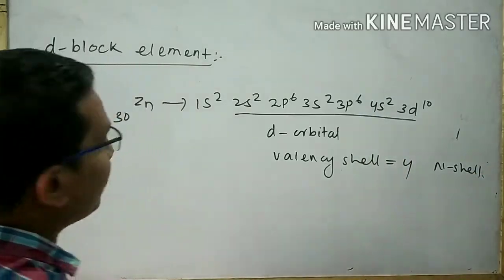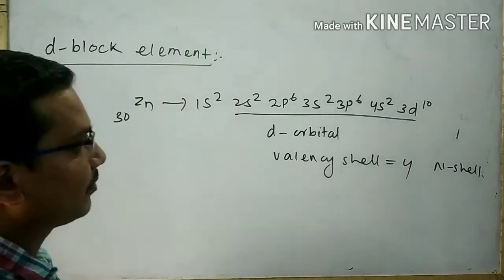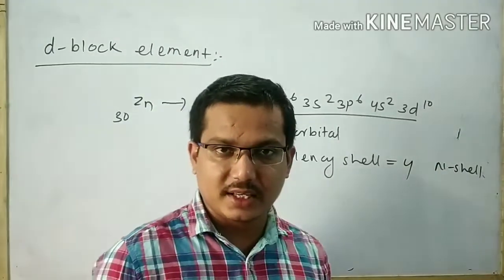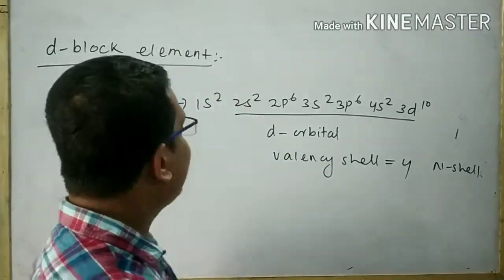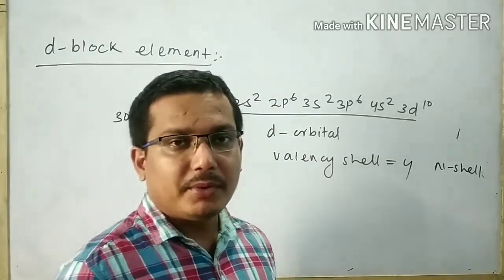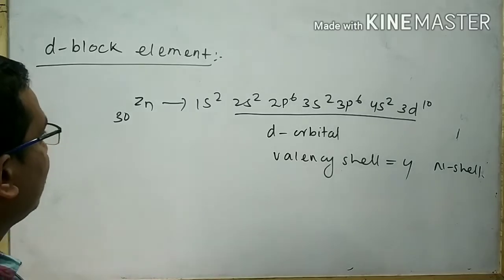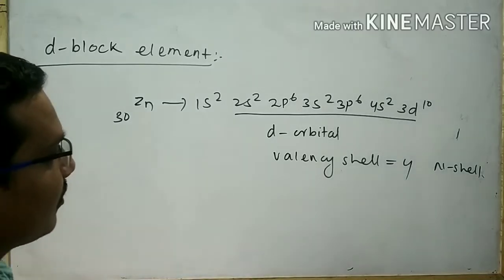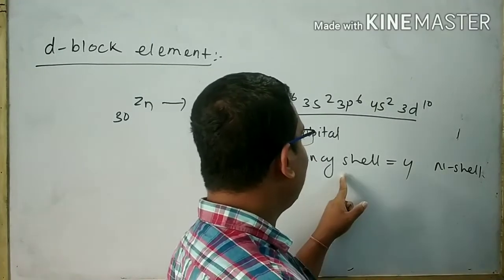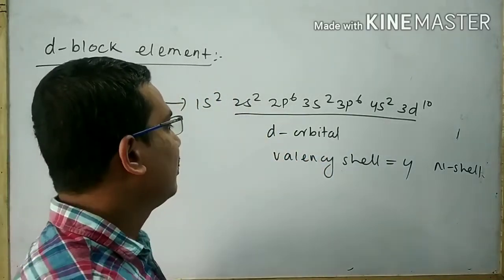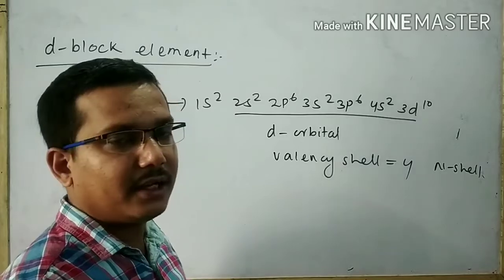In the case of s block element and p block element, the s block element is related to the s orbital of the valence cell, and the p block element is related to the p orbital of the valency cell. But remember, in zinc, the valency cell does not include the d orbital. That means the d orbital does not belong to the valency cell.